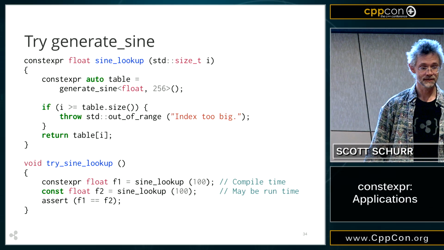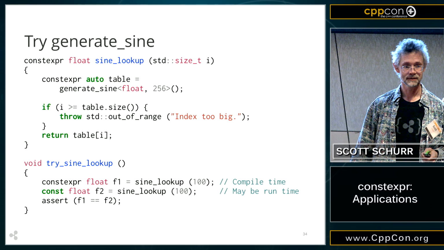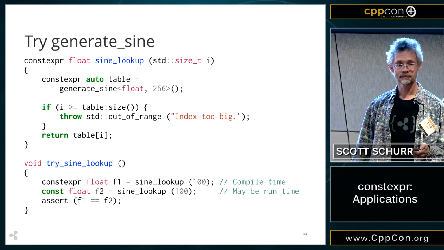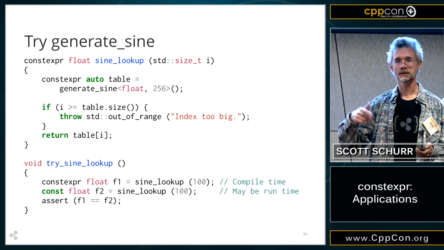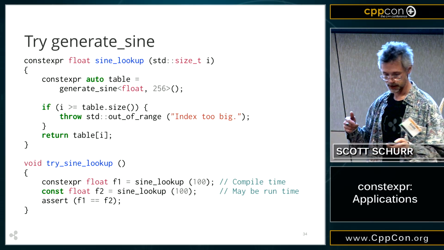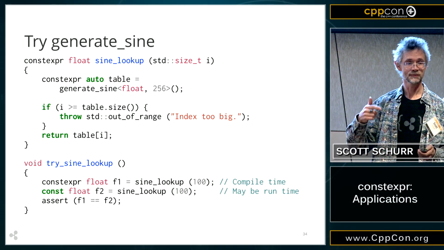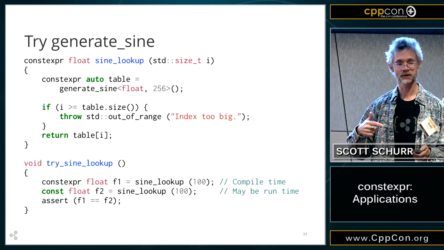Yes? If you have a constexpr function, which means that it's being evaluated at compile time, why do you need to specify constexpr for the variables inside that function? Wouldn't they also have the requirement of being evaluated at compile time? So the question is, if you have a constexpr function, do you need to declare the variables inside that function as constexpr?